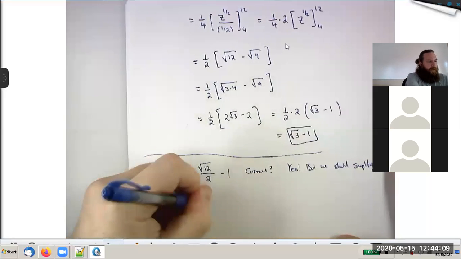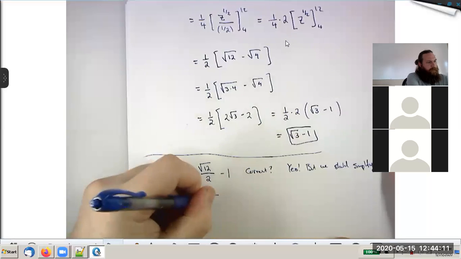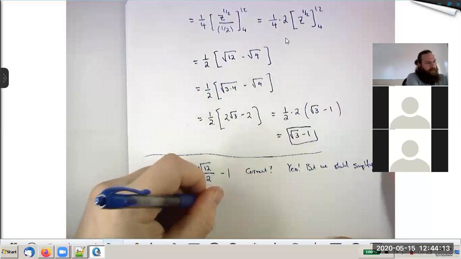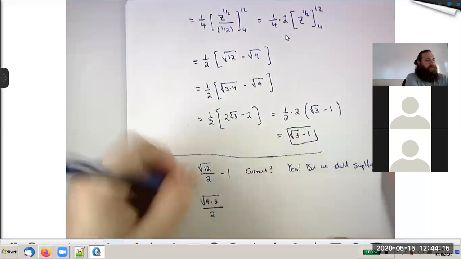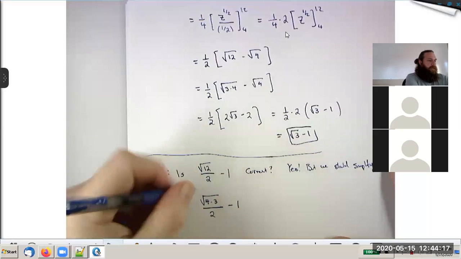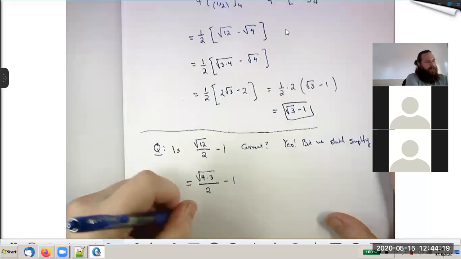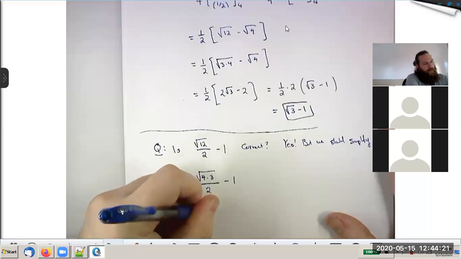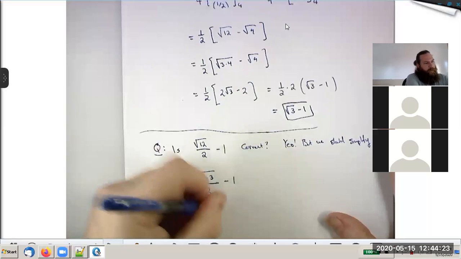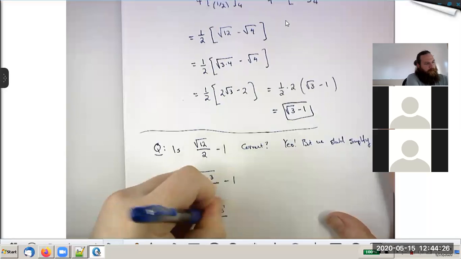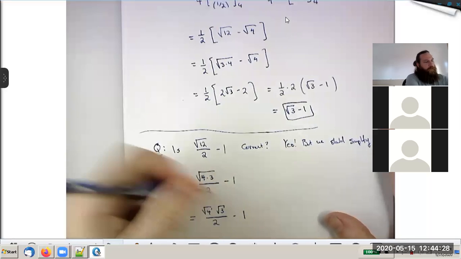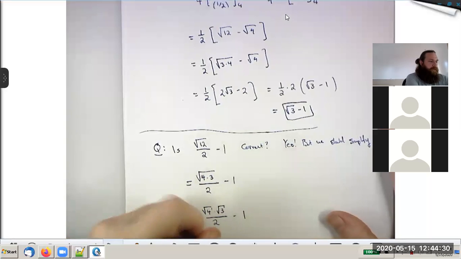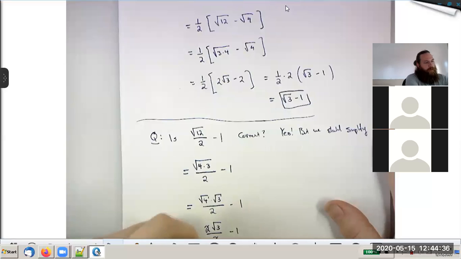So the square root of 12 is, again, maybe if I write it with the 4 first, the square root of 4 times 3, because 12 is 4 times 3. And then that's the same as the square root of 4 times the square root of 3, all over 2 minus 1. And the square root of 4 is 2, so that's 2 root 3 over 2 minus 1, cancel the 2's, and you get root 3 minus 1. And that's the nice way to write this.